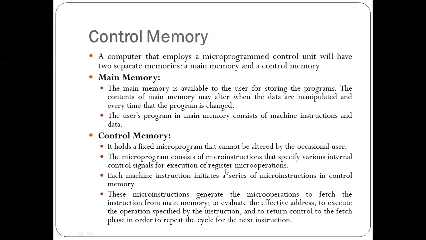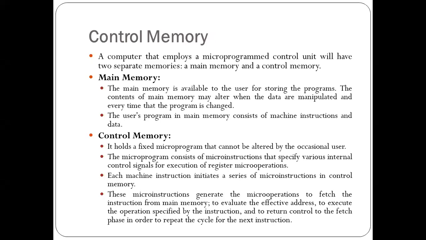Take register level micro operations: for the fetch operation, you have to transfer the contents of PC to the address register, and after that read the 16-bit instruction code from memory. These are all register level micro operations. To initiate them, certain control signals are required.